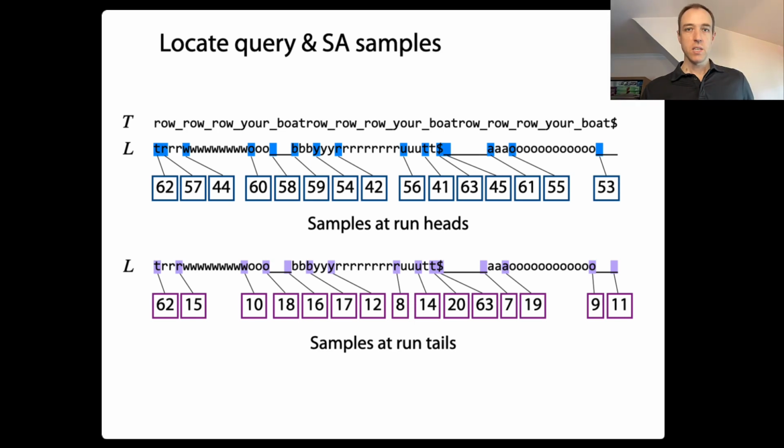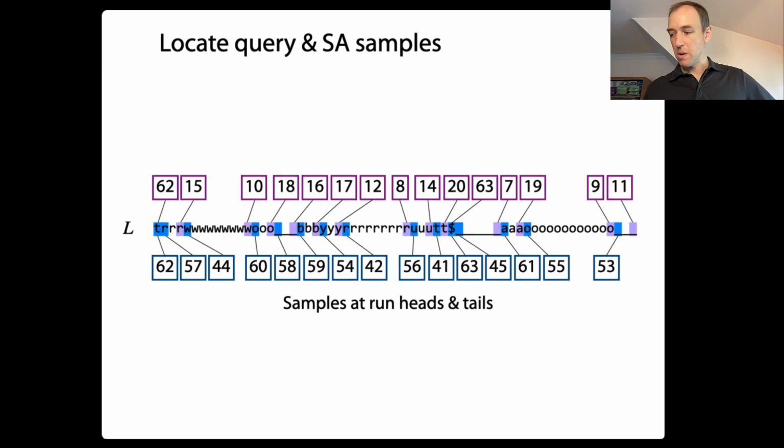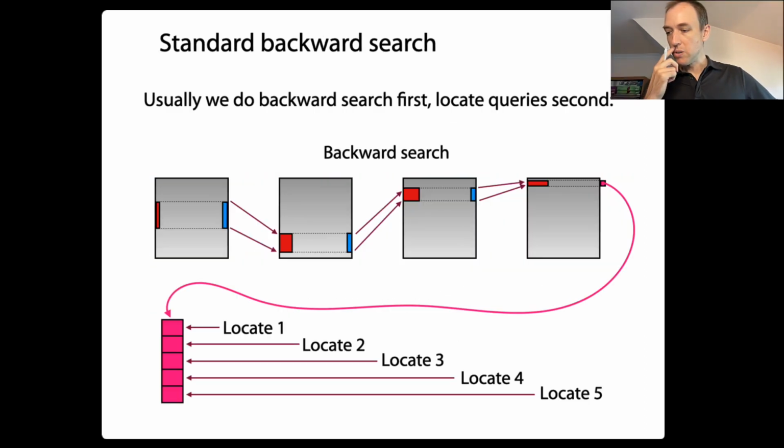So equipped with these suffix array samples, now our job is to augment the backward search procedure so that at every step we know for one of the elements that we're tracking what its suffix array entry is, and we need to be able to update that at each step. So here's the information we have, and here's what we want to do with it. We want to change our backward search procedure.